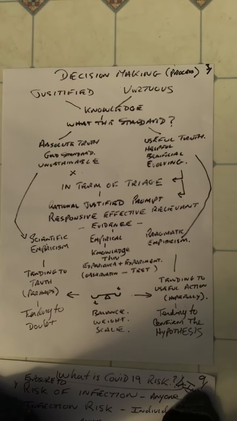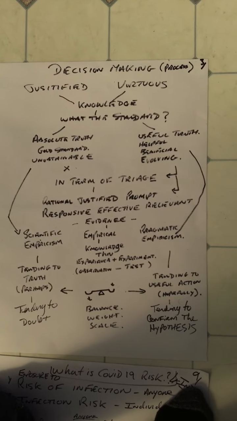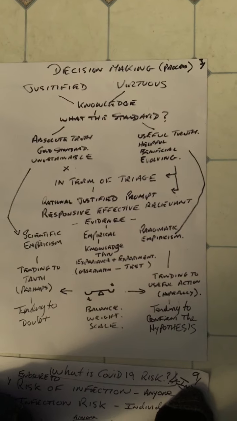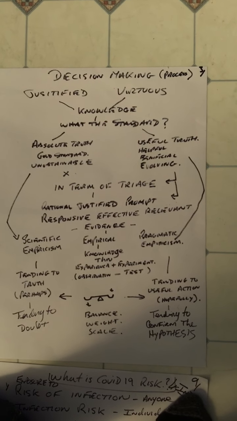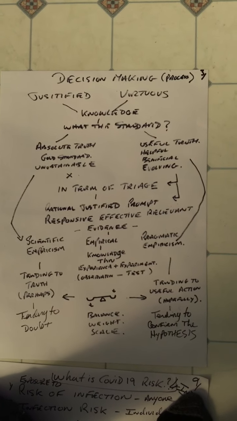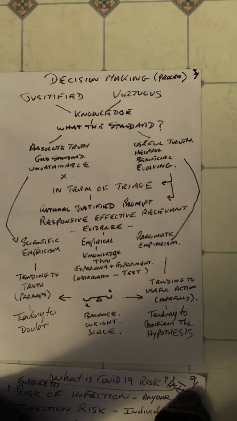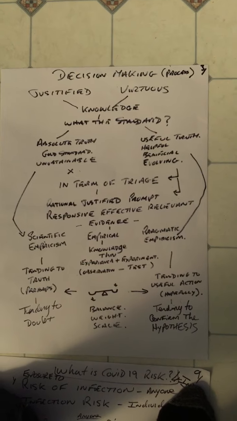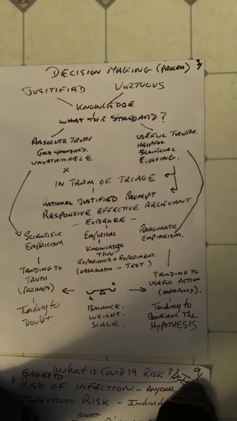So we have a decision-making process. If we look at this again in terms of justified and virtuous, on both sides we're finding knowledge, but one side goes down the route of absolute truth, or some idea that we could find truth from the scientific method.